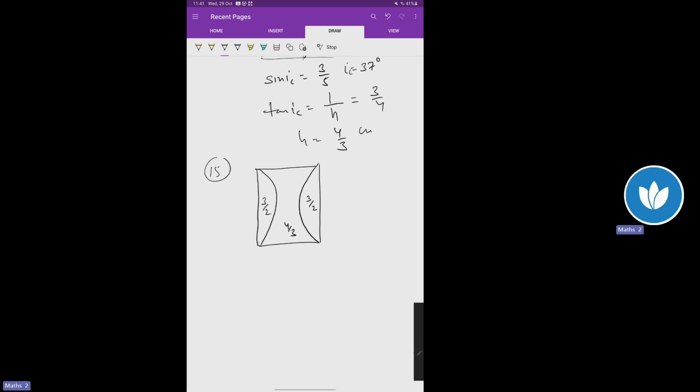Focal length of each plano-convex lens is 10 centimeter, and for plano-convex, 1 by f is equal to mu minus 1 by R. This is equal to 1 by 10, which is 3 by 2 minus 1 by R. From here R is 5 centimeter.